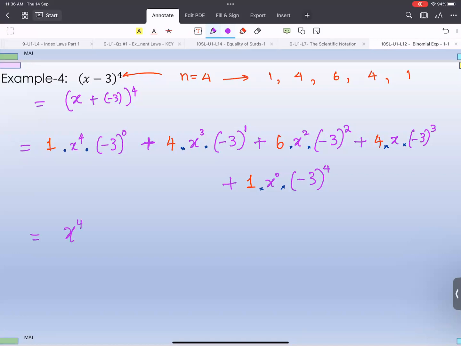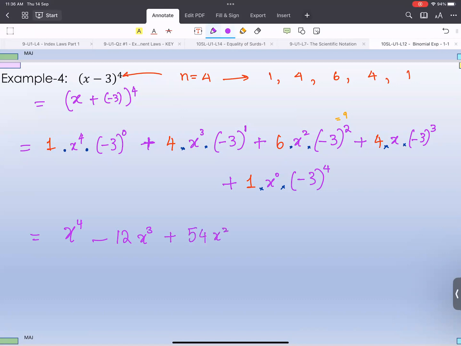The next is going to be negative 3 times 4, which is negative 12 x cubed. Then negative 3 squared is equal to positive 9, so 9 times 6 is 54 x squared.